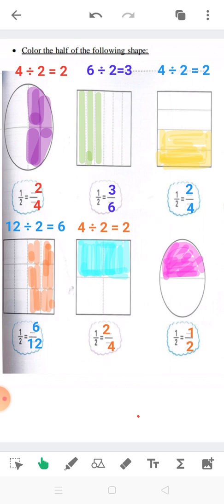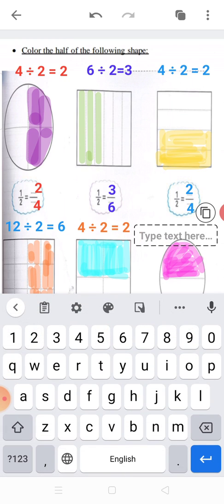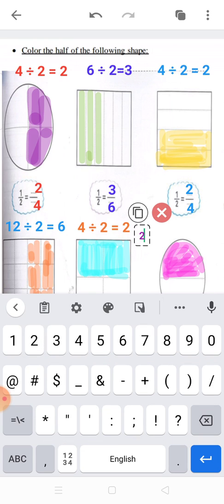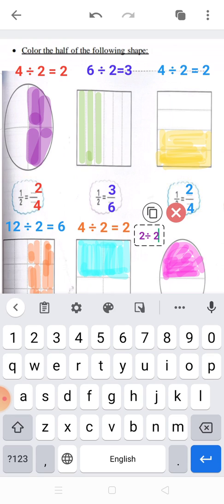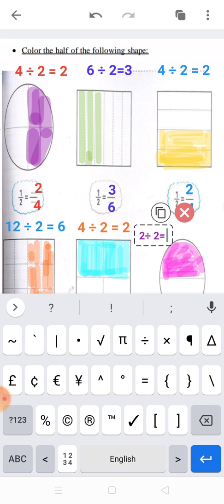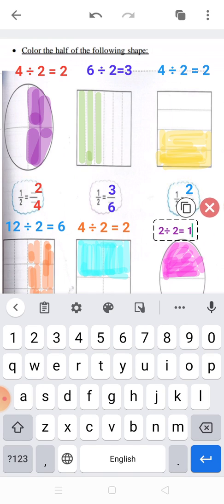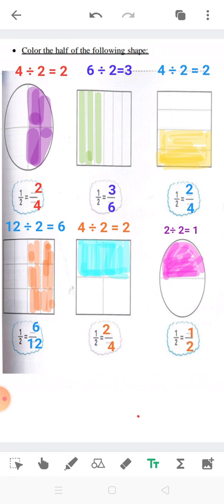Okay, I forgot to write 2 divided by 2 equals 1. Because we have 1, and we color only one part out of 2.